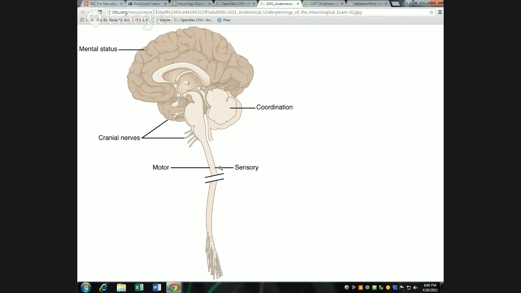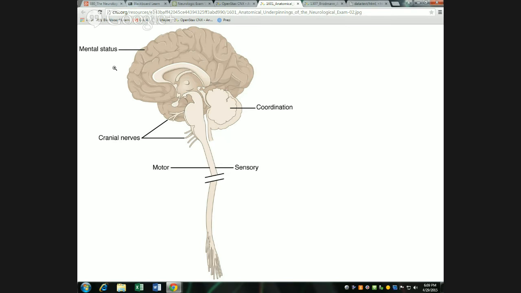Like the ventral horn, gray matter contains the neurons that control motor units in the musculature. And then the sensory functions are mostly associated with the posterior or dorsal part of the spinal cord. The dorsal root ganglion is where we find the cell bodies of sensory neurons, and they're connected to the posterior side of the spinal cord.